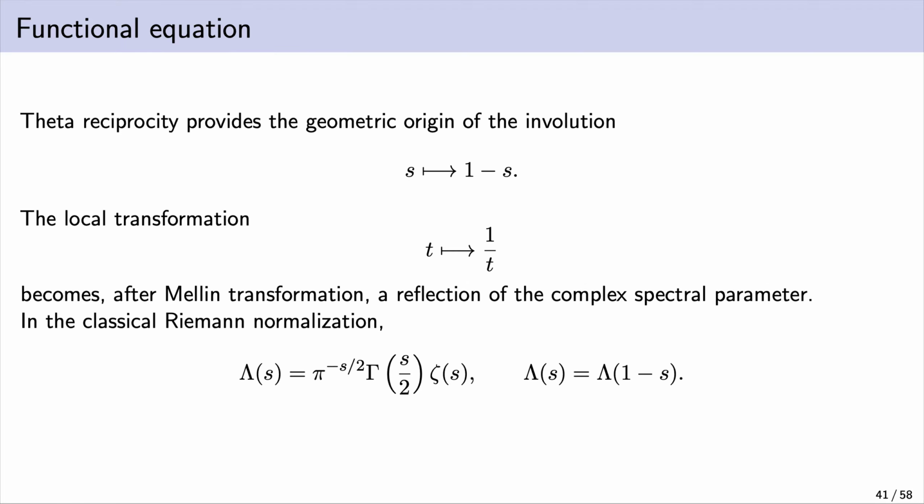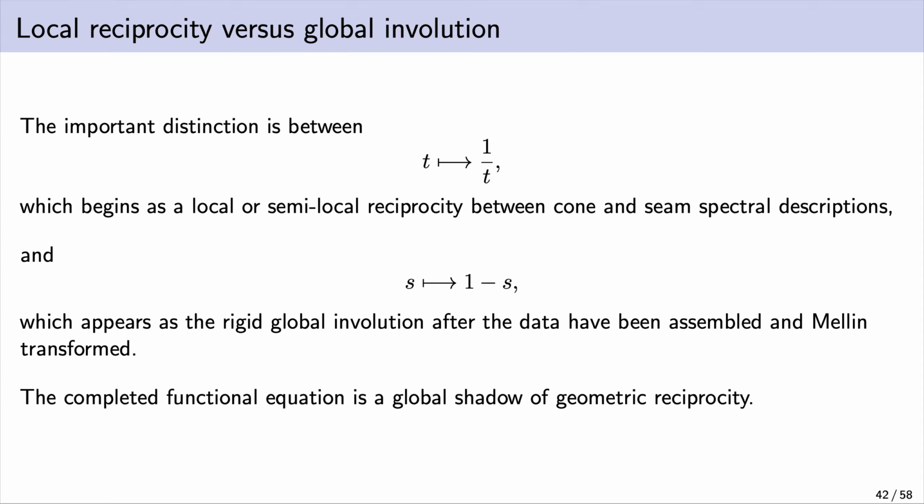There's some nice compatibility there with S maps to 1 minus S and the seed's global symmetry group. The important distinction is between T maps to 1 over T, this local reciprocity between cone and seam spectral descriptions, and this global rigid S maps to 1 minus S.